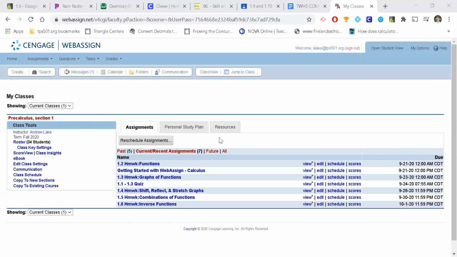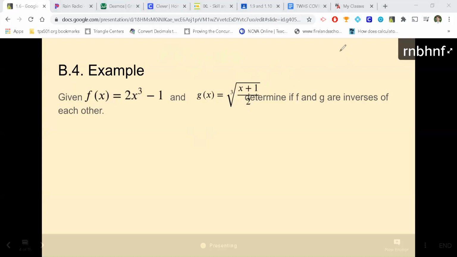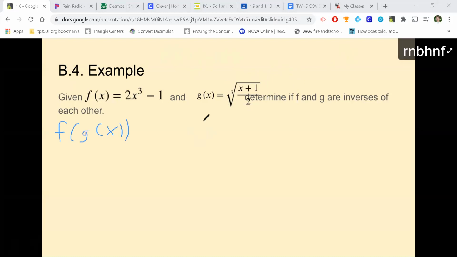Okay, moving along now. Here we go, example. If I have f of x equal to 2x cubed minus 1 and g of x is equal to the cube root of x plus 1 over 2, verify that they are inverses of each other. So we're going to do f of g of x, and we want the answer to be x at the end of this.